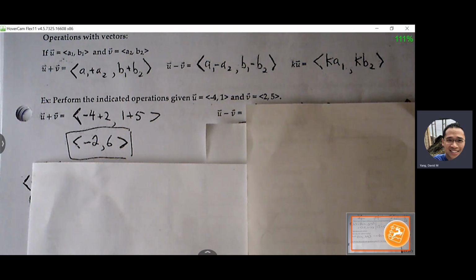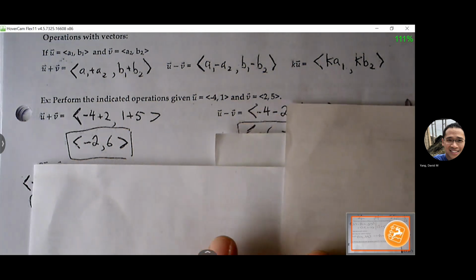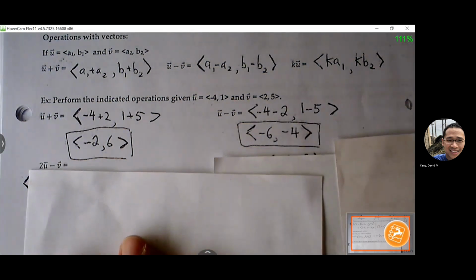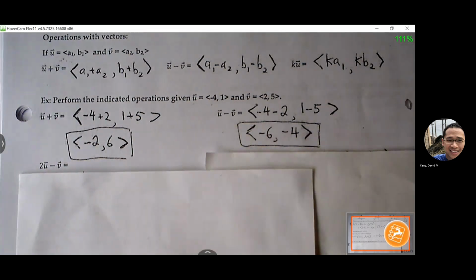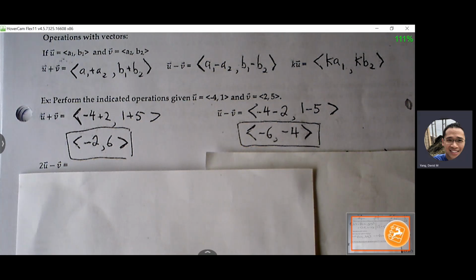It means I'm going to be subtracting the horizontal components and then subtracting the vertical components. Okay, so the vector will be -6, -4.